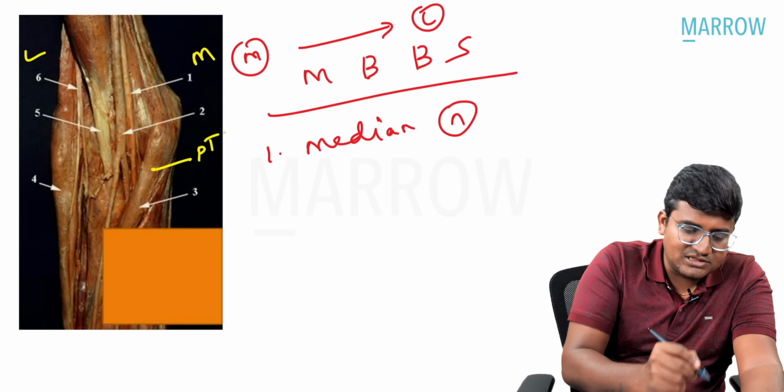The iliohypogastric nerve supplies the lower abdomen. The ilioinguinal nerve supplies the anterior part of the scrotum and the root of penis.